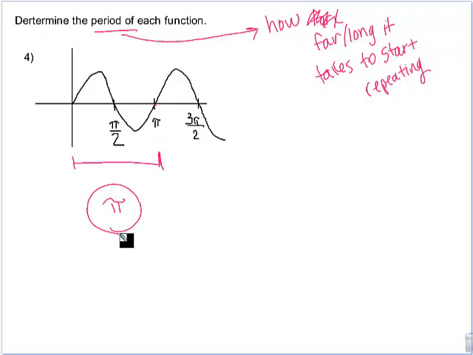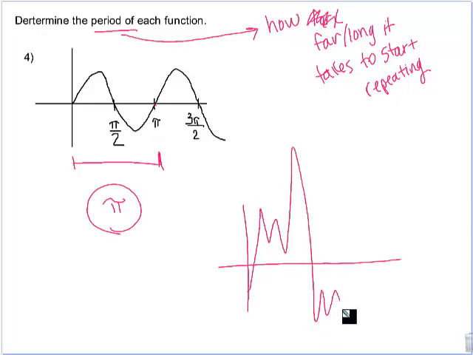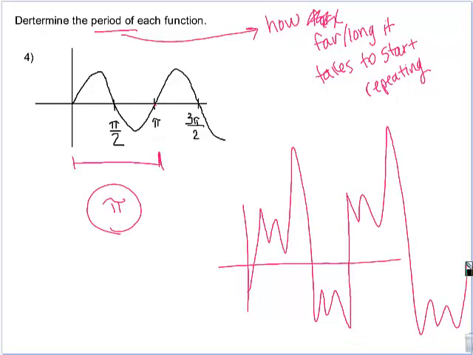You could have something look as crazy as this, and if you're told that this point is 1, this could be 4, this could be 6, and you try to decide when it starts repeating itself, it starts at 1 and goes to 6, so every 5 it would repeat itself.